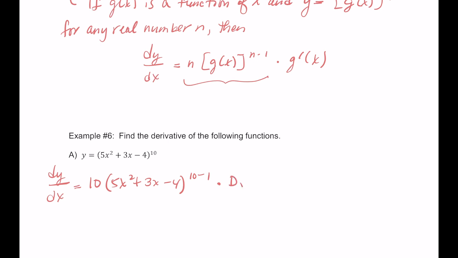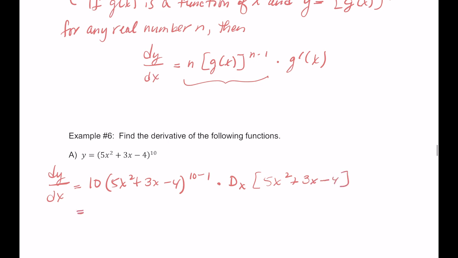Now I need to multiply by the derivative of g of x. Okay, well, what's g of x? G of x, remember, is the piece inside. It's the u. So that would be the derivative of 5x squared plus 3x minus 4.